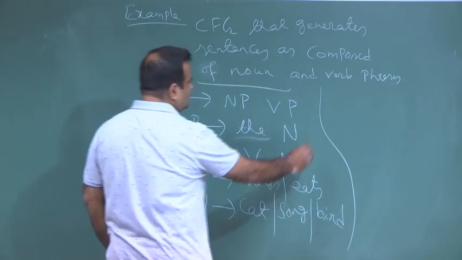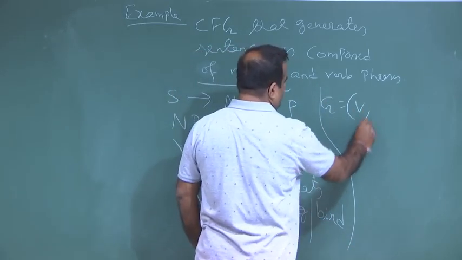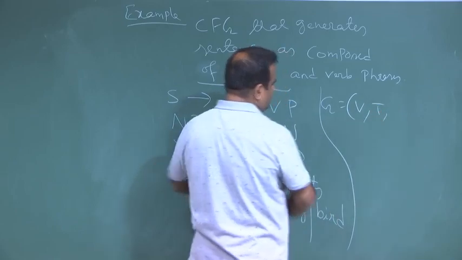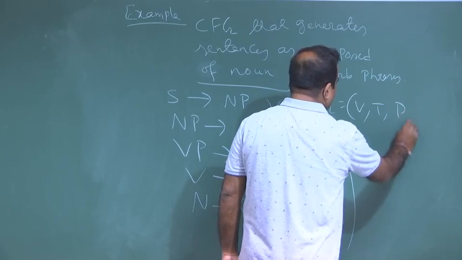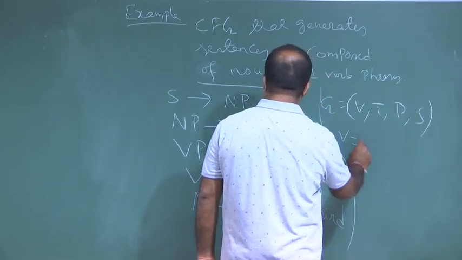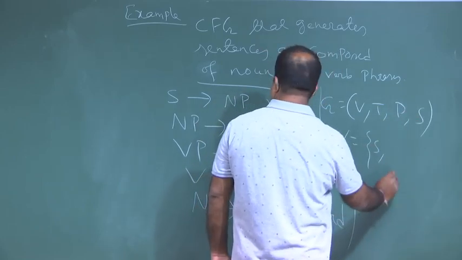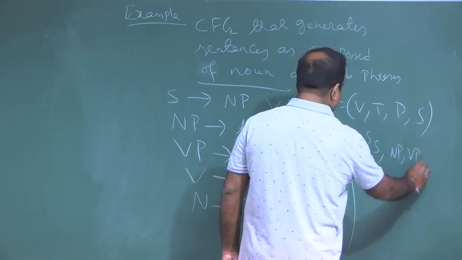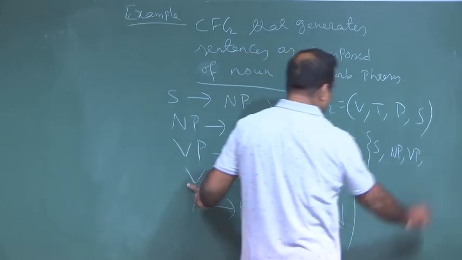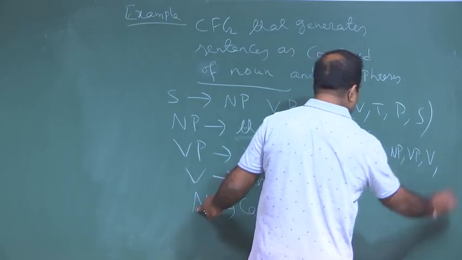This is our P. G is V, T, P, S. What is V? V here is S, noun phrase, verb phrase, then the verb and the noun.